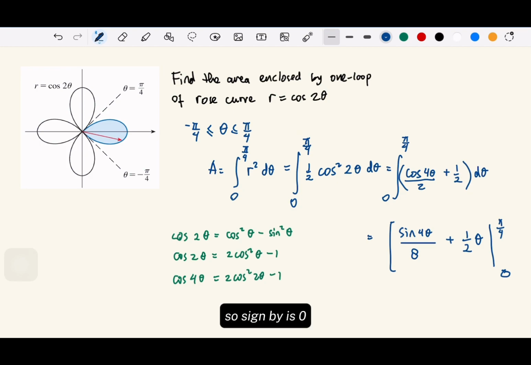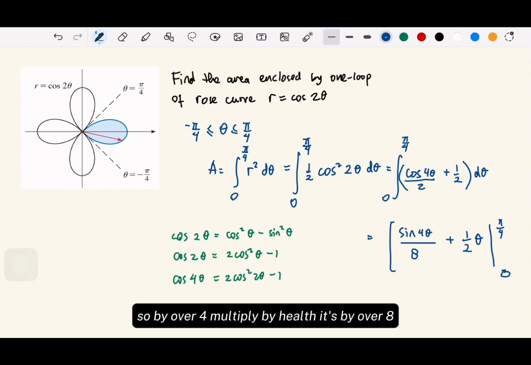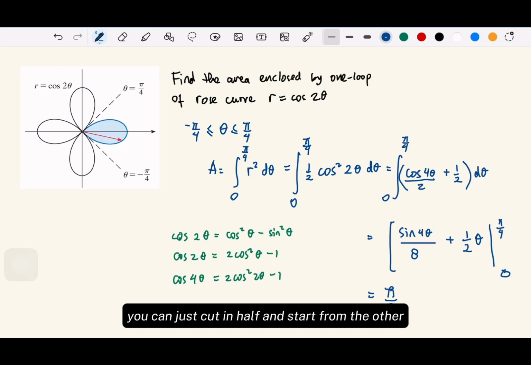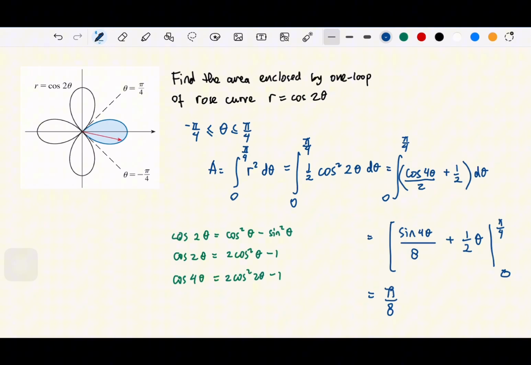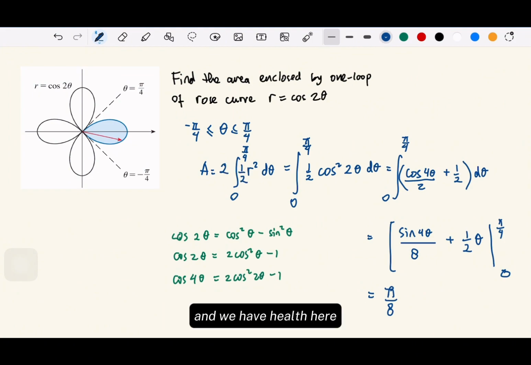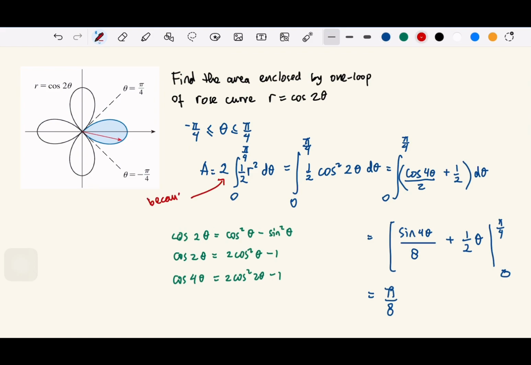So sine pi is 0, and pi over 4 multiplied by half is pi over 8. I think it's easier. So whenever you see any symmetry, you can just cut in half, start from 0, and then multiply by 2. Let me write down here so you know that we have the 2 and then the half here. The 2 is because of the symmetry.